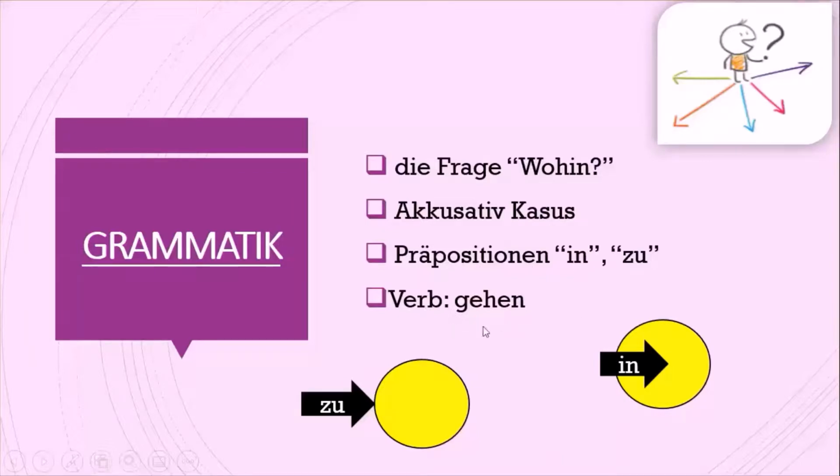Using just one verb, gehen, which is a regular verb and also a verb which uses the accusative case and it means to go, I will show you how to ask someone where he or she is going to.